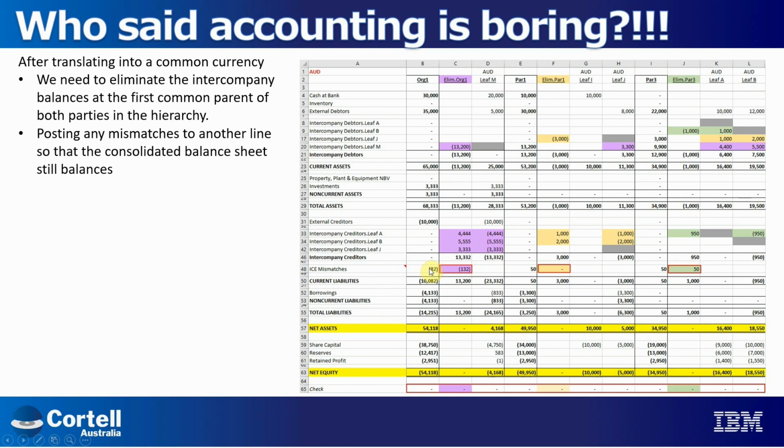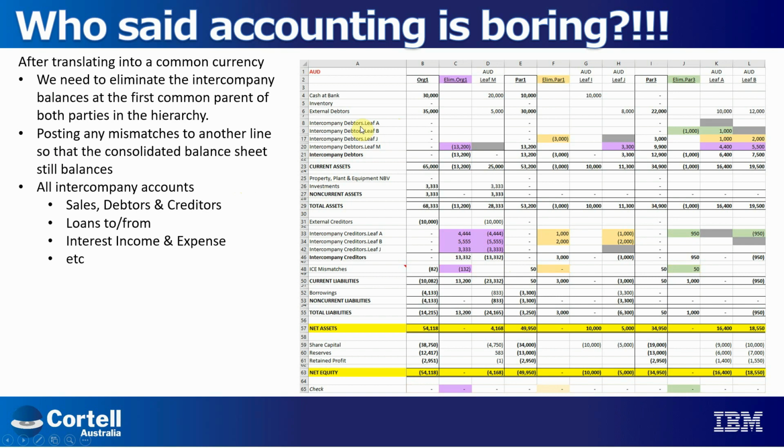We've got this 82 credit sitting against that line, which when we publish the accounts, we may just, if it's a small immaterial amount, write it off to another line, or if it's a large amount, go back to the subsidiaries' accountants and say, can you please get your act together, do your job, process those invoices and receipts, work out why you're not agreeing, and resubmit your accounts.